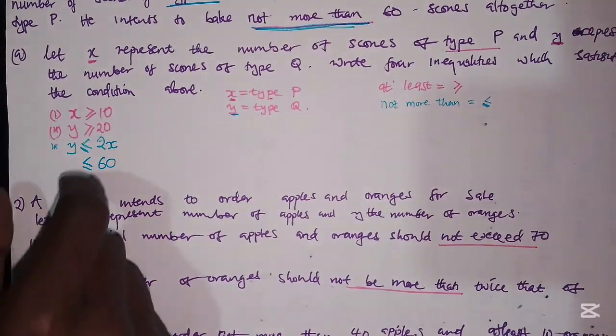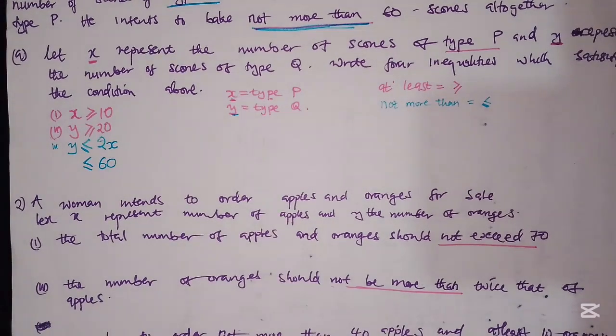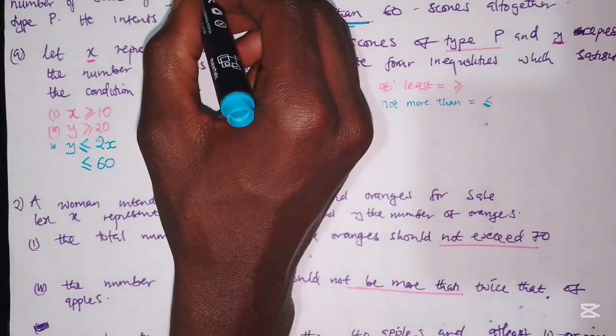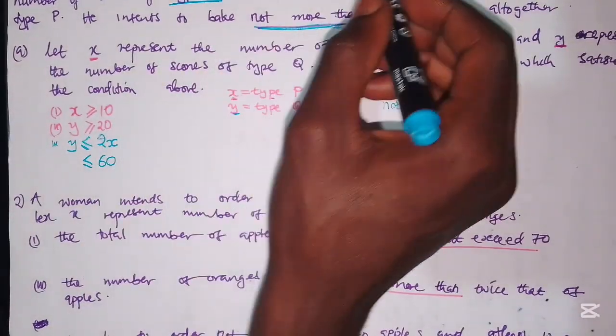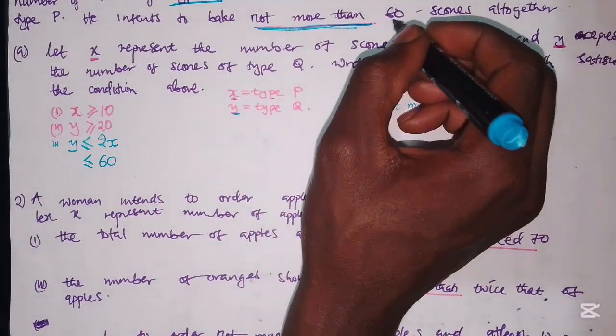Now what letters should you put here? Of course we know that he wishes to bake 2 types, P and Q. So these 2 types should not exceed 60.